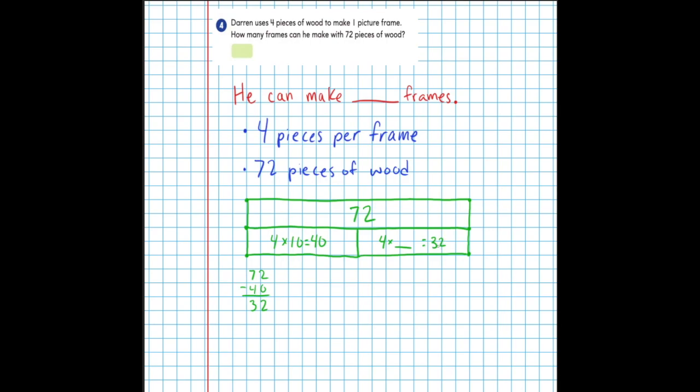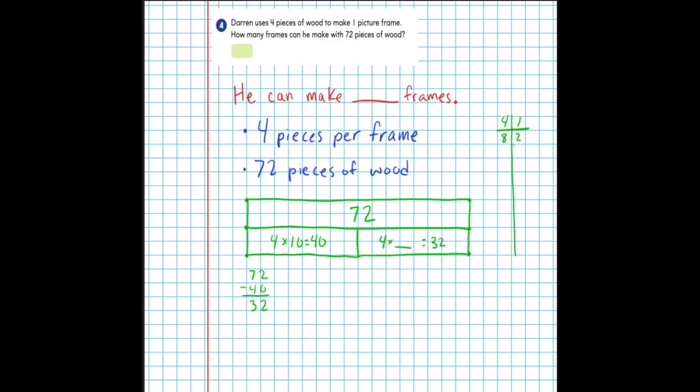And here we have a fact. So think about your 4s. You know, I'm having an issue remembering mine. So I have a little strategy I like to use called the T-chart. It's a long T. 1 times 4 is 4. And then we have 2 times 4 is plus 4.